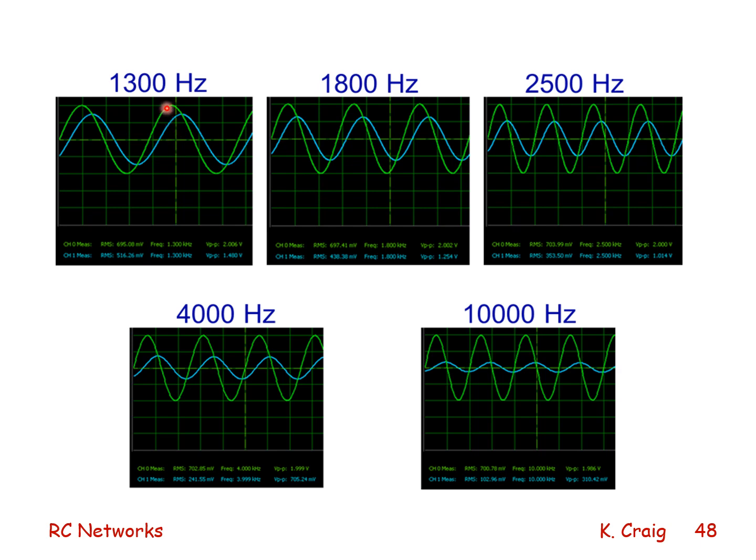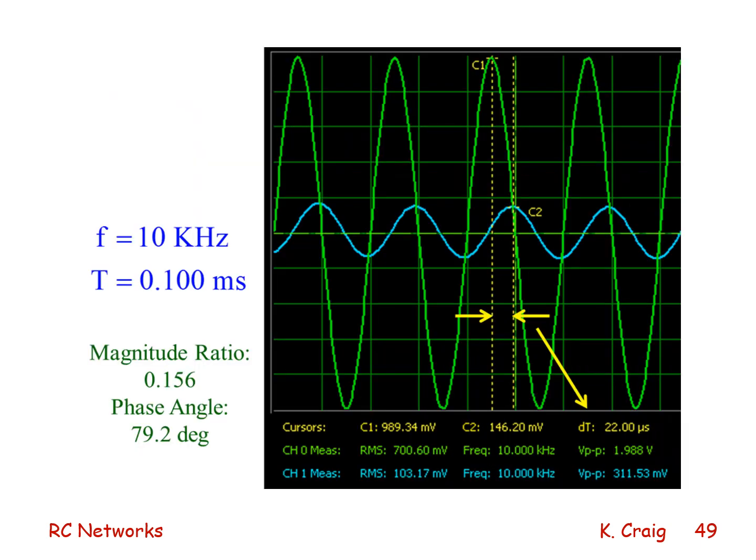So you see 1300 hertz, 1800 hertz, 2500 hertz, 4000, 10,000. You can see here at 10,000 hertz, 10K hertz, the amplitude ratio is very, very small, 0.156. The phase angle is minus 79.2 degrees.